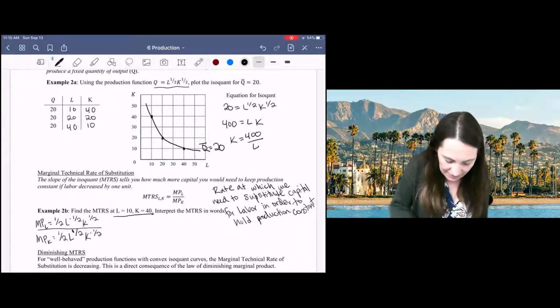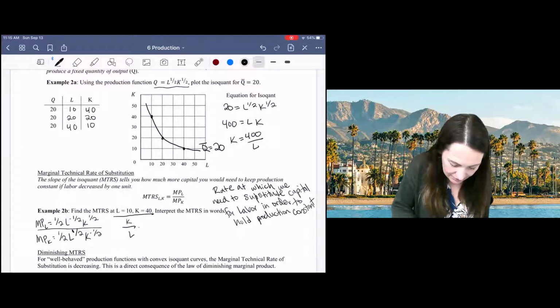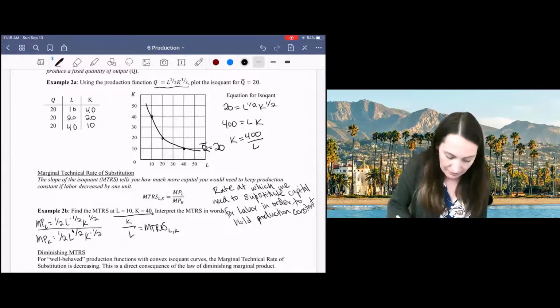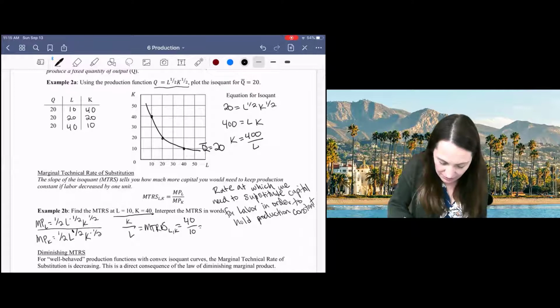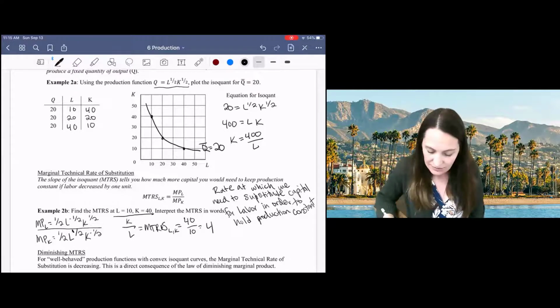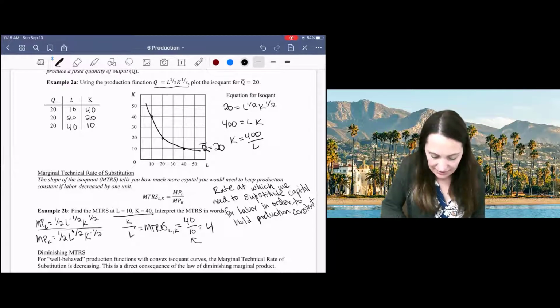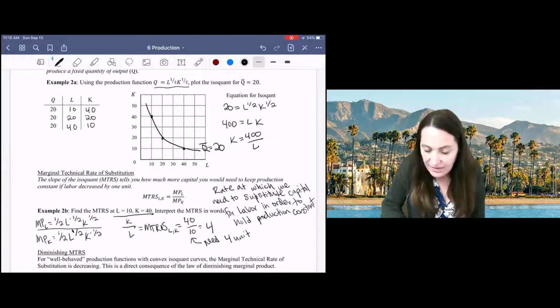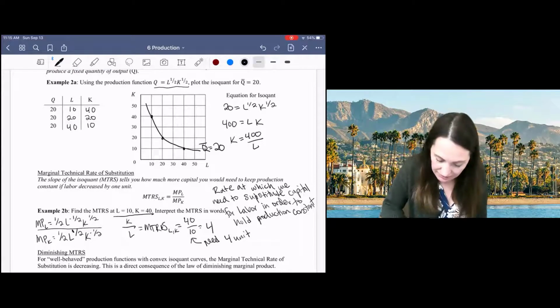And then when we divide, we get L on the bottom and K on the top. If we plug in our values for capital and labor, you can see that in this situation, we would need 4 units of capital to make up for the loss of 1 unit of labor.